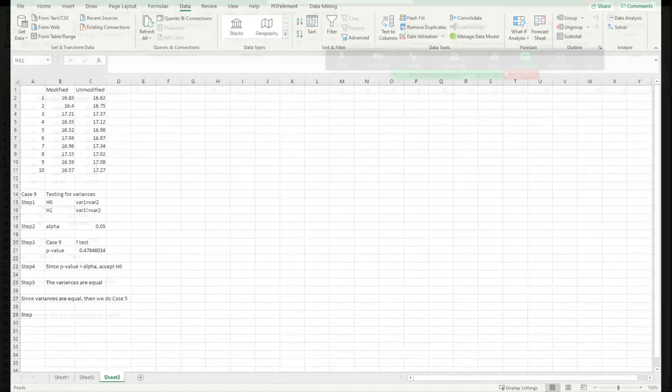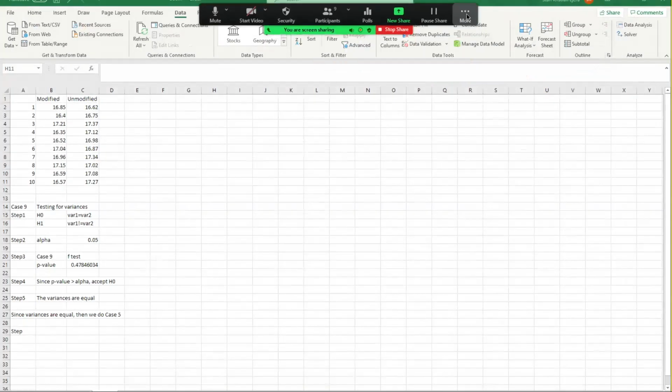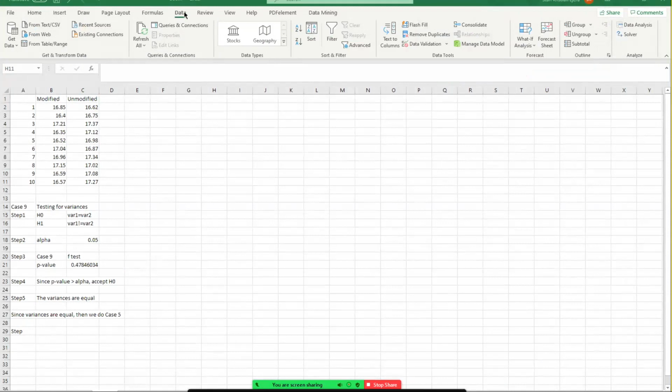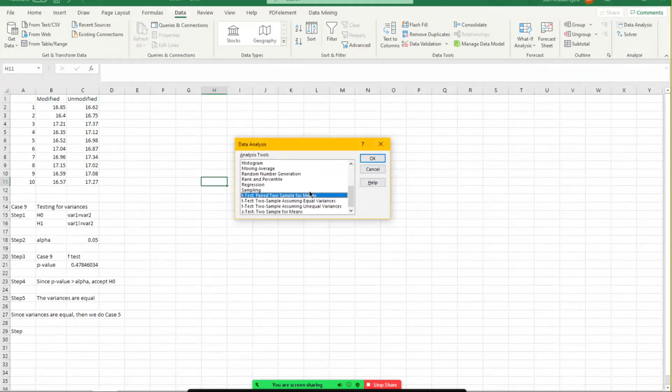Ito na lang. So, gawin natin is data analysis. May lalabas na ganito. So itong kanina yung pinakita ko, hindi nyo pala nakita to. Sorry. Basta ito, this is case 4, case 6, case 5, case 7. Tapos dito, nandito si case 9. Ito, F-test two-sample for variances.